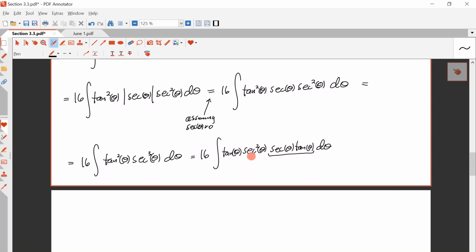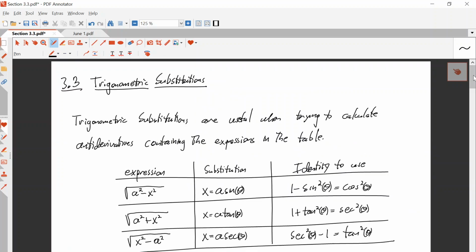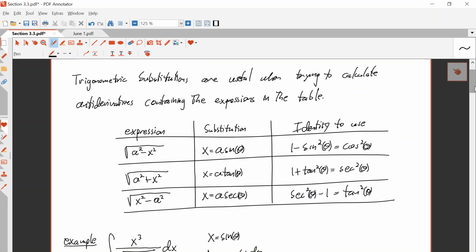Now secant squared, what is that? Going back up to our table, secant squared is 1 plus tangent squared.